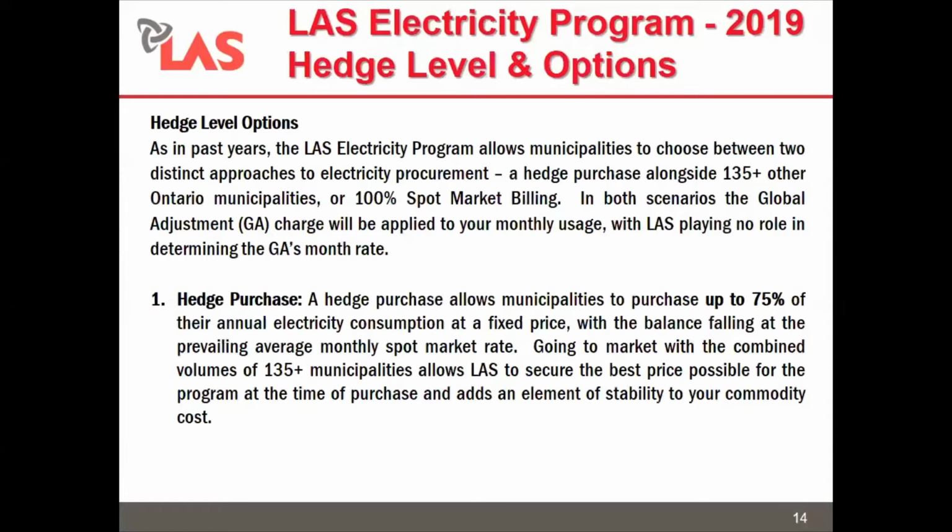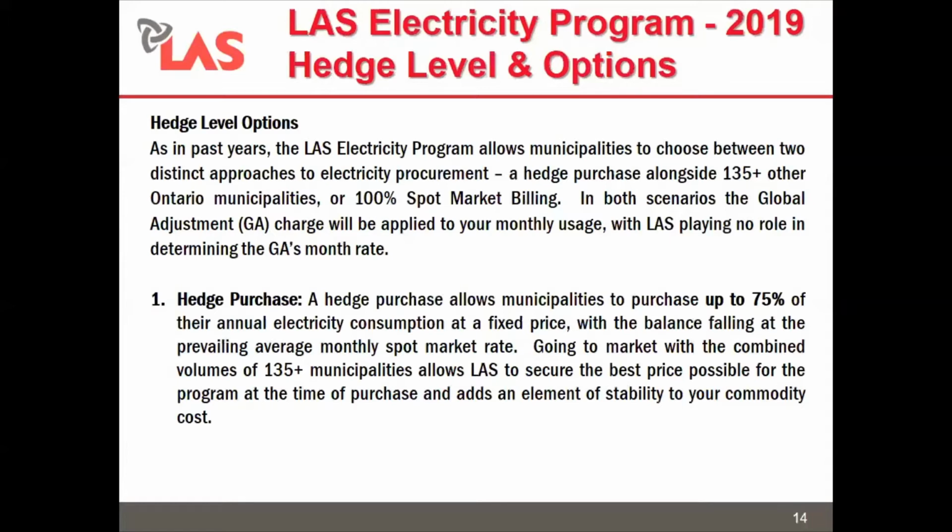So if you want to do a hedge alongside with some spot billing or 100% spot billing, that's your option. We pretty much prepare our load usually in the fall to get an idea of when we're going to go out to the market, and then we look at what's going on in the market in terms of commodity, and then make a decision on when's the best time to actually go out and procure that hedge.